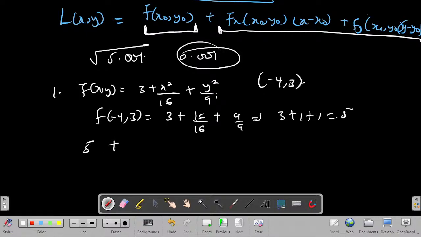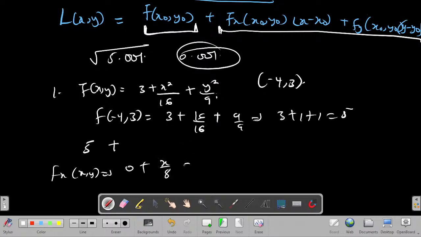plus my partial derivative with respect to x. Realize that the constant term becomes 0, so let's find that one separately. Our f_x of x, y is going to give us 0 plus 2 times this, so we get x over 8.